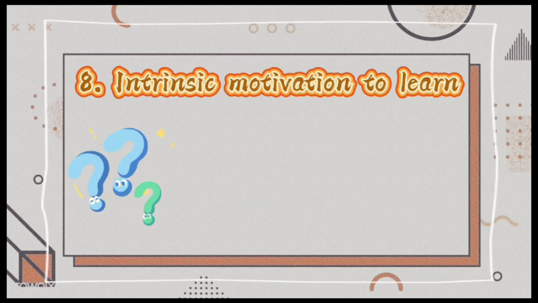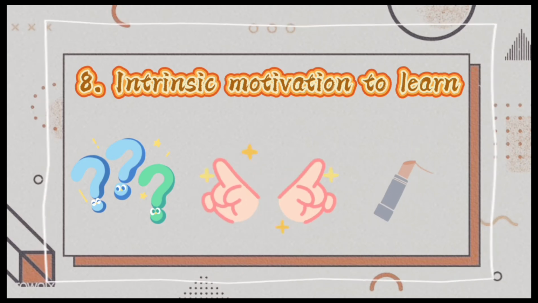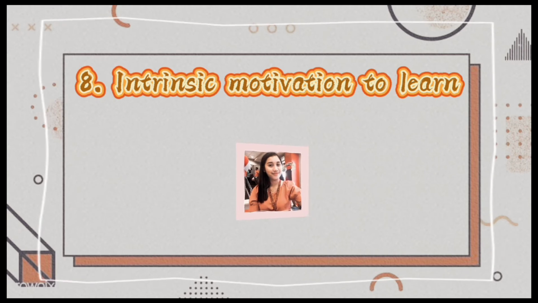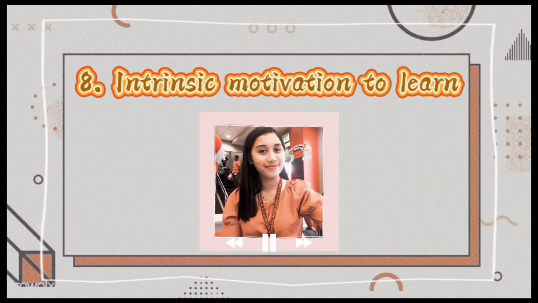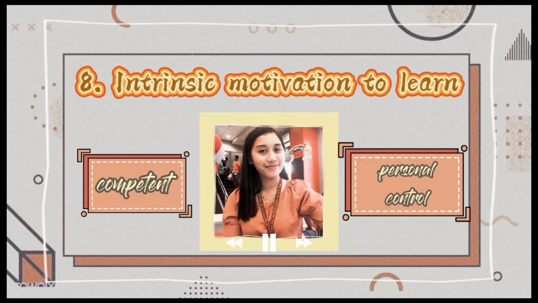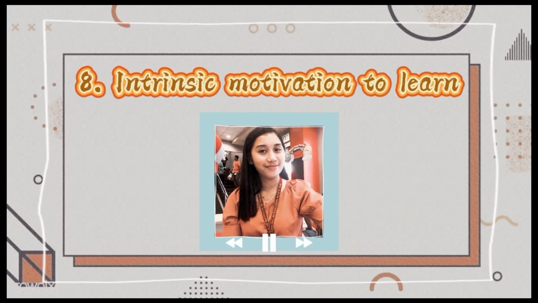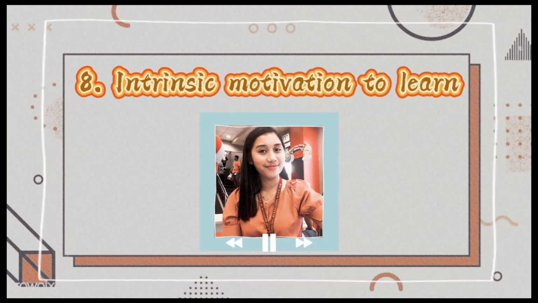So curiosity, flexible and insightful thinking, and creativity are major indicators of the learner's intrinsic motivation to learn, which is in large part a function of meeting basic needs to be competent and to exercise personal control. So intrinsic motivation is a kind of motivation that comes from within. It is under the control of the learner.